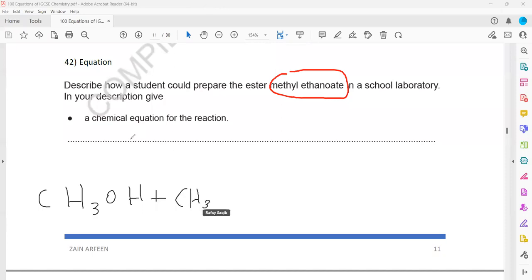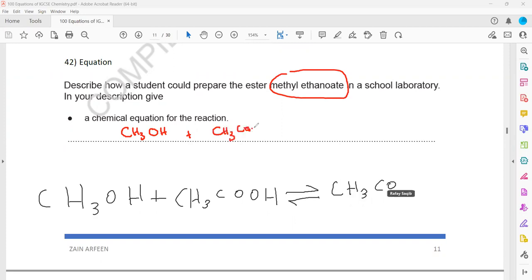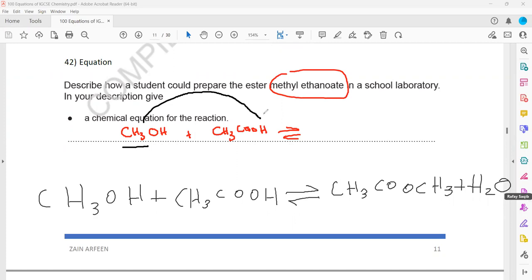So methanol will be CH3OH. Meth means 1 carbon, so 1 carbon should be there in the alcohol. So methanol plus ethanoic acid, which is CH3COOH. When they react with each other, the simple rule is that the carbon chain of the alcohol takes the position of the hydrogen to form an ester.